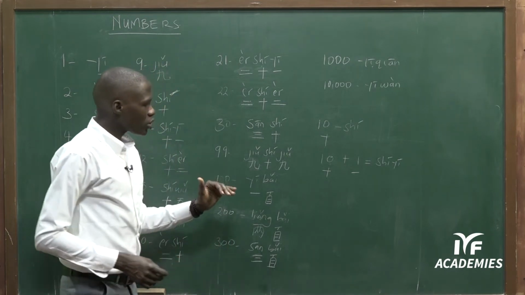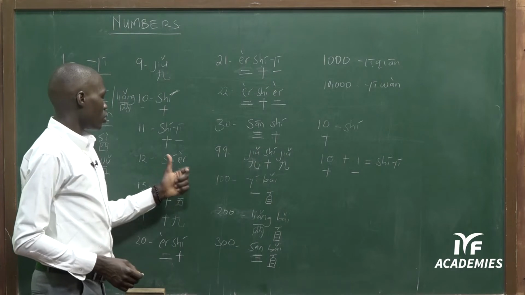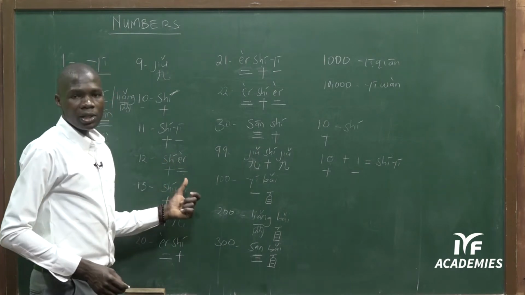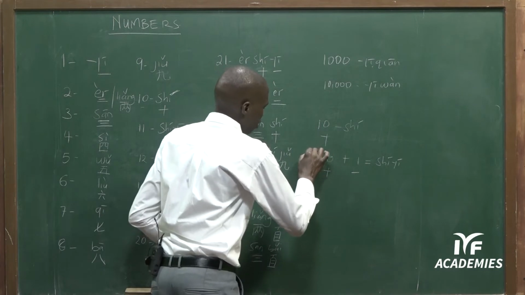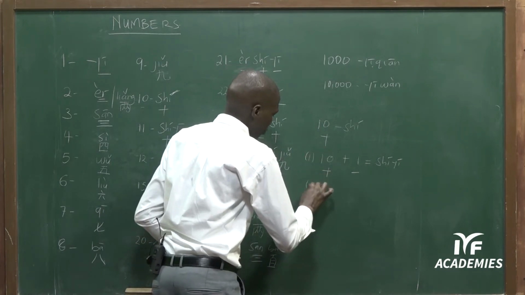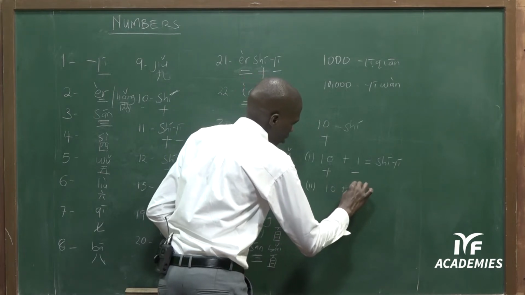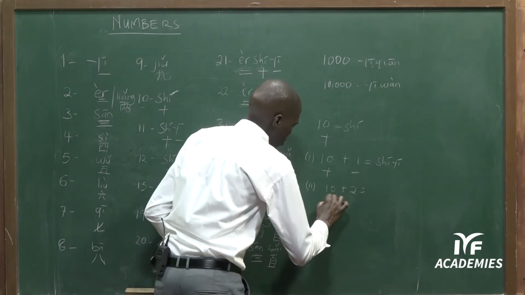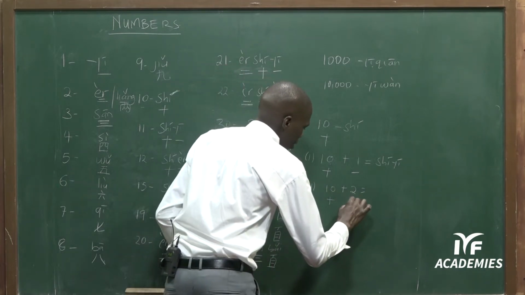The same concept applies when we are talking about number 12. Number 12 is 10 and 2. So 10 is shi plus 2 is er.